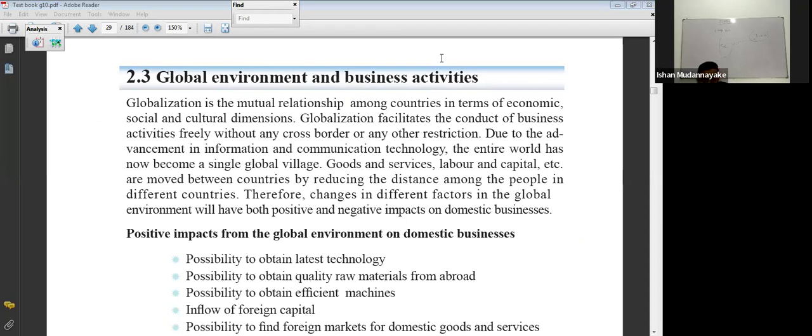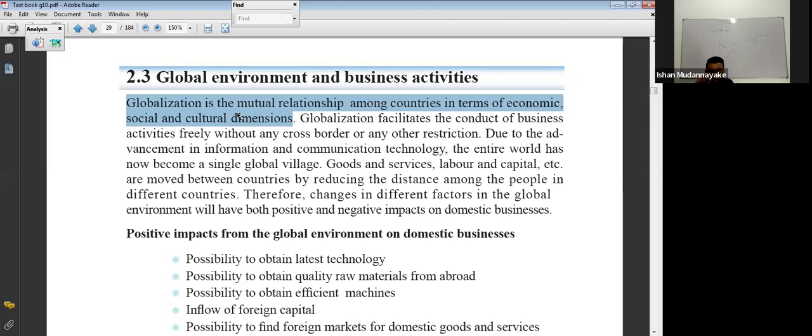Binili, can you read the note? Globalization is the mutual relationship among countries in terms of economic, social, and cultural dimensions. Right, now here, globalization is a mutual relationship, an interconnection among countries in terms of economic, social, and cultural dimensions. This is the meaning of globalization.